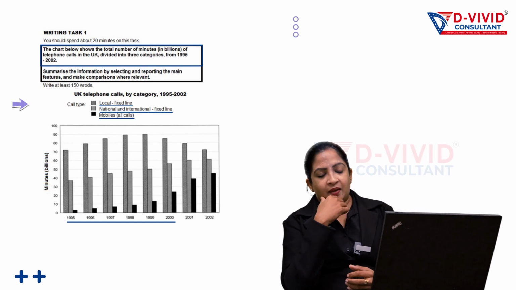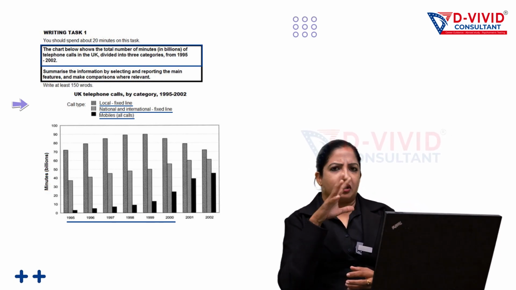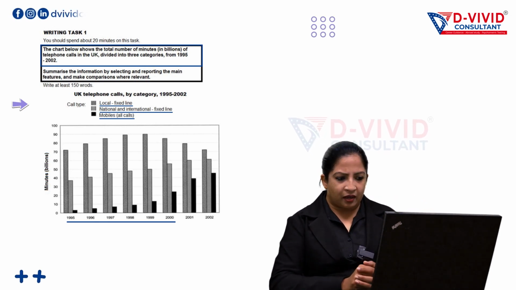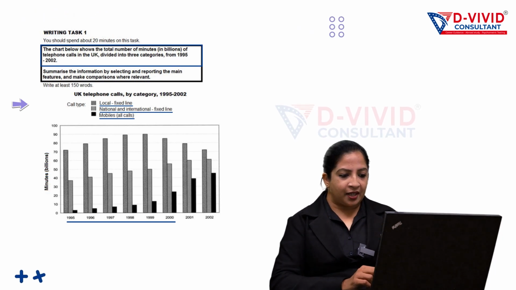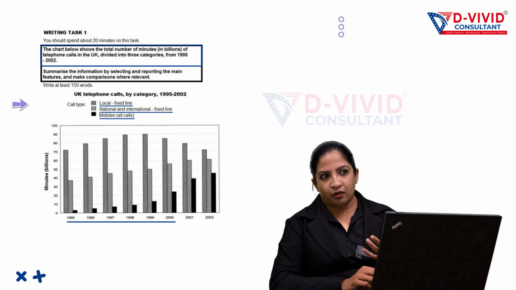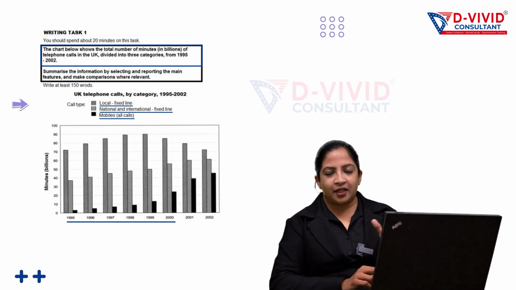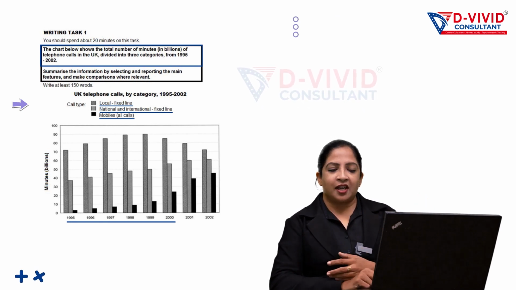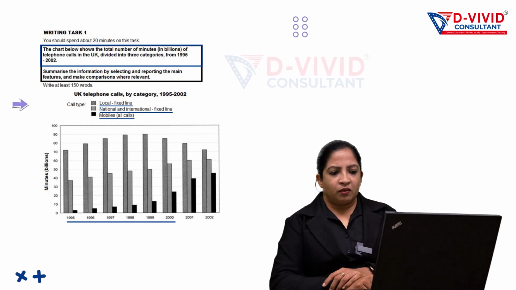Now many a time we wonder whether we should explain year by year, or go by category. Like, should I explain complete data about 1995, then go to 1996, then 97, or should I take the local fixed line first, complete it entirely, then move on to the national and international fixed line and complete that together?